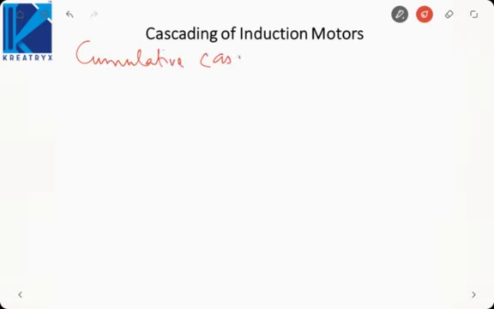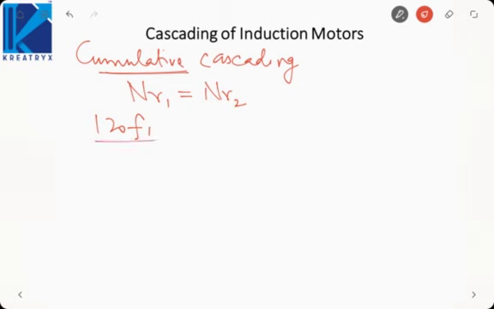Here the torques of both the machines will be in the same direction, so their speeds will tend to be in the same direction. NR1 equals NR2. That means 120 into F by P1, into (1 minus S1), should be equal to 120 into S1F by P2.